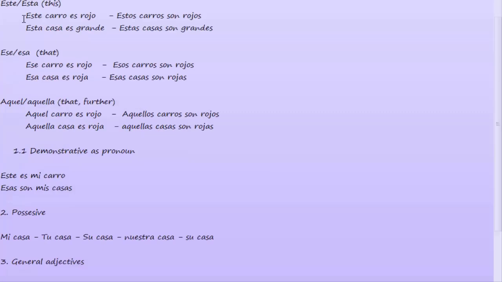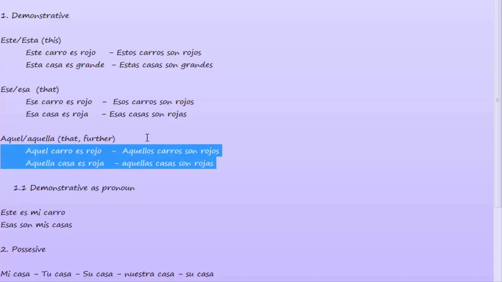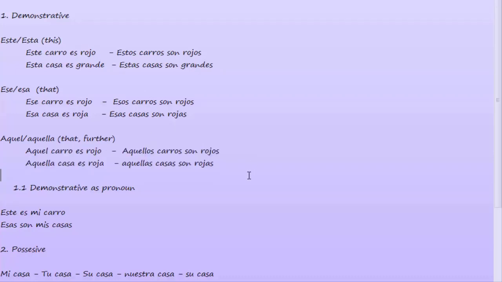Okay, summarizing it all, we have demonstrative adjectives este, esta, estos, estas. For this and these, we have ese, esa, aquel, aquella. For that, we have esos, esas, aquellos, aquellas. For those. Remember that in Spanish, you will always have to make some changes to make all the words in the sentence match.